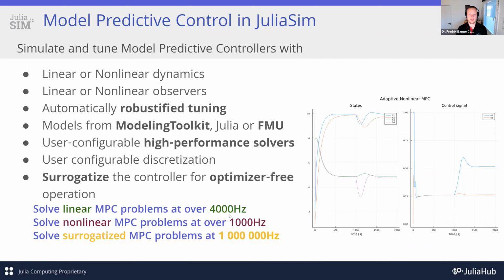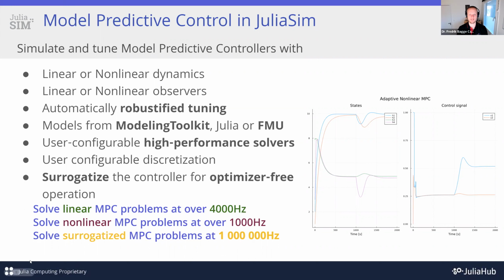And just a brief teaser here, we can typically, without surrogatization, solve linear MPC problems of reasonable size at around 4,000 hertz, sometimes faster, sometimes slower. It obviously depends on the particular details of your model. Nonlinear MPC problems are, of course, slightly more challenging, but we can still very often solve them at around a kilohertz. However, if we choose to surrogatize the controller, we can often reach speeds of up to 1 megahertz.